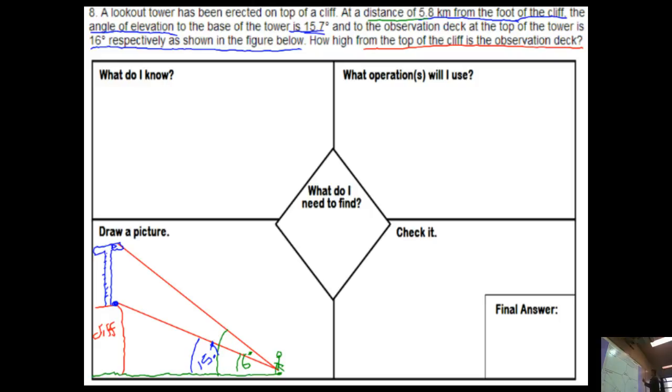And there was another piece of important information in the wording: the distance from the foot of the cliff to a point where we're observing. So from here, over here is a distance of 5.8 kilometers.